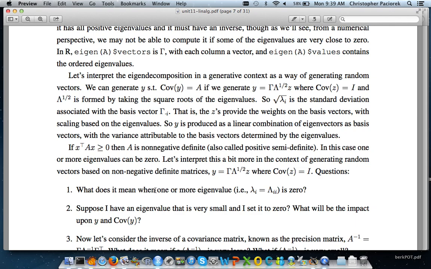Okay, so the second question I have here, and this now gets to this idea of numerical precision and some of these things that we're going to see in the next couple days, is suppose that I have an eigenvalue that is very small. And instead of actually using it in some calculation, I just go ahead and set it equal to 0. Is that going to have a big impact on the resulting y's that I generate?